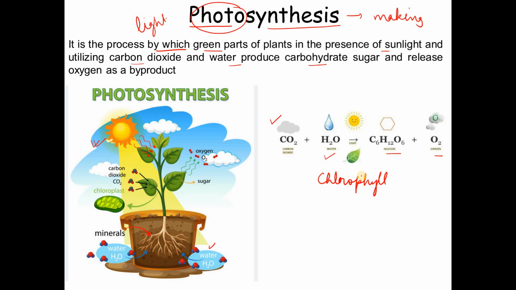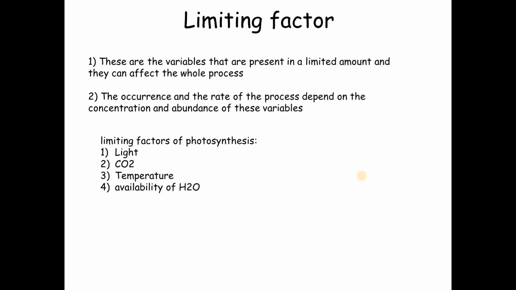Basically, this process requires three ingredients: light, CO2, and water, along with a suitable temperature. So what are the limiting factors in this process? Limiting factors are those variables which are present in a limited amount and can affect the whole process.